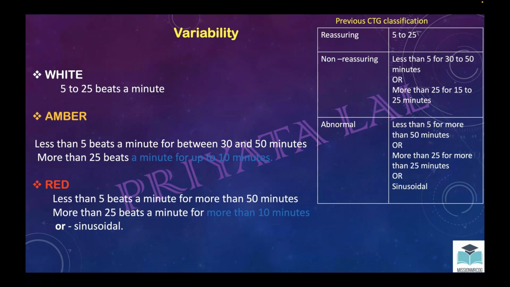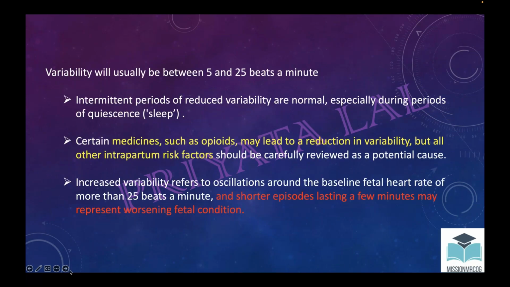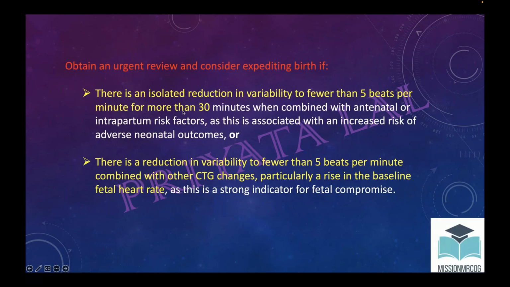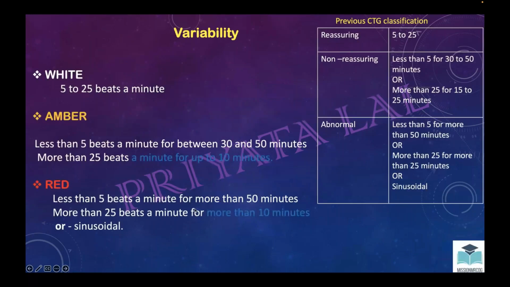Now after variability, if there is an isolated reduction in variability, less than 5 beats for more than 30 minutes, then where are we moving?